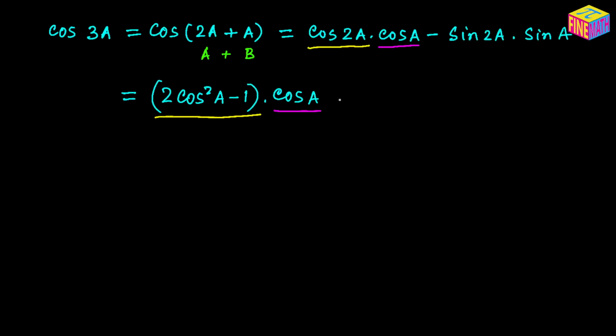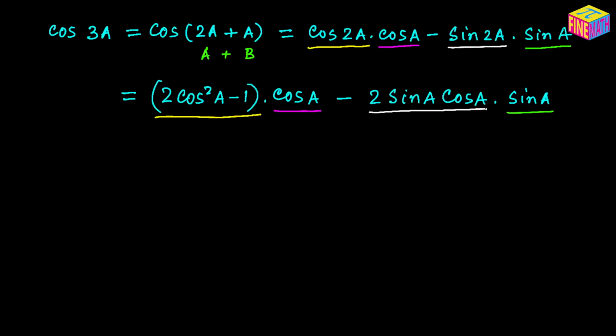And similarly we have minus, then for sine of 2 times of a, can we write it as 2 times of sine of a and cosine of a and times sine of a. So this sine of a right there, that is actually here, and then sine of 2 times of a has been written as 2 times of sine of a times cosine of a.